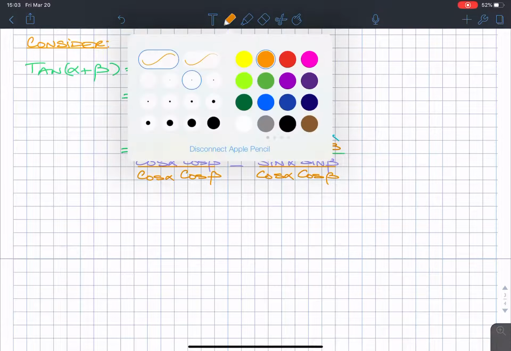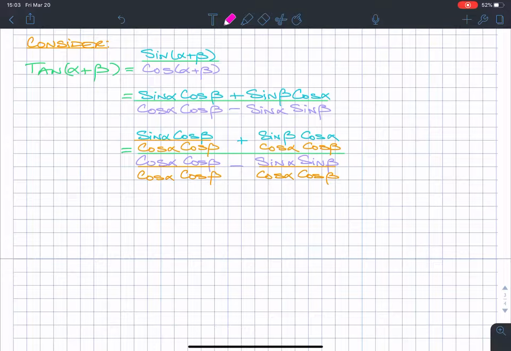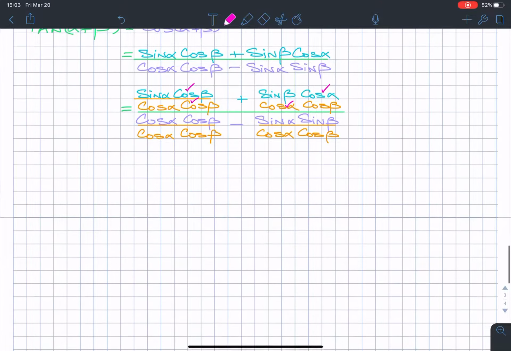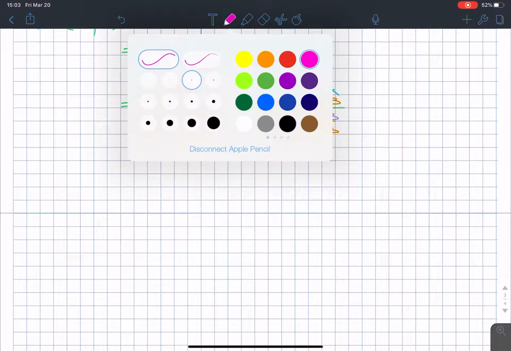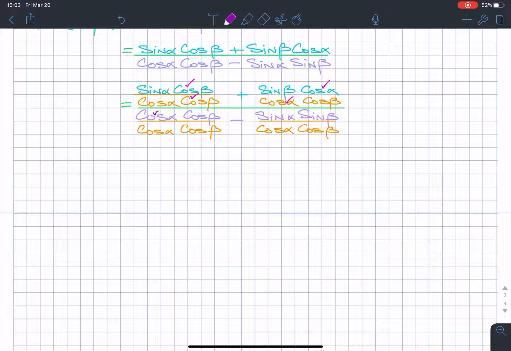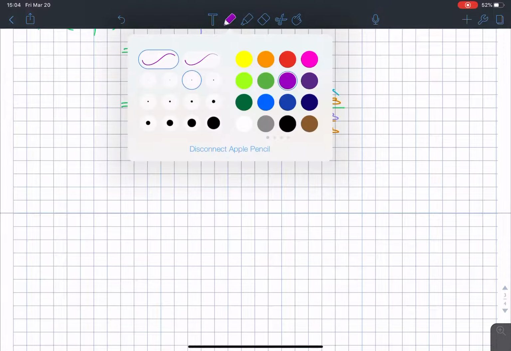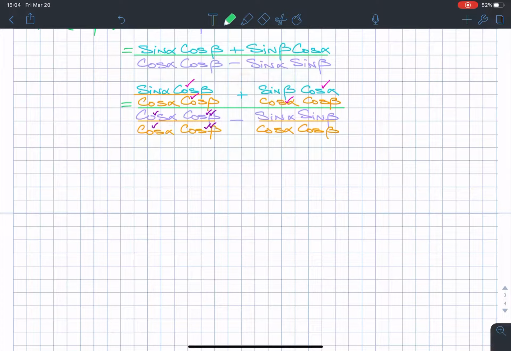Okay, so what happens in the numerator? It looks like cosine beta reduces in the first term, and cosine alpha reduces in the second term. And in the denominator, everything reduces in the first term, so cosine alpha and cosine beta, whereas in the second term, nothing reduces. Okay, so what do I get?